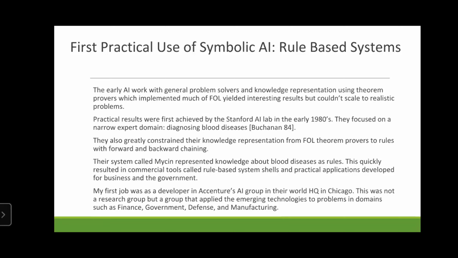With this very scaled back kind of reasoning, they could develop inference engines that could handle non-trivial problems. The first one they addressed was the problem of diagnosing human blood diseases. This system was called Mycin, and Mycin led to commercial rule-based system shells for developing expert systems for business.